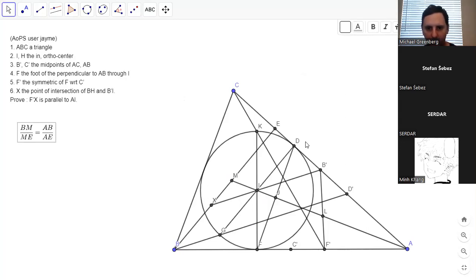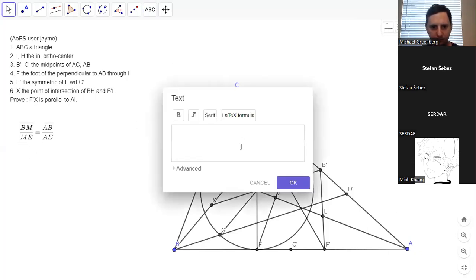So ME over r is equal to AE over AD. One second.